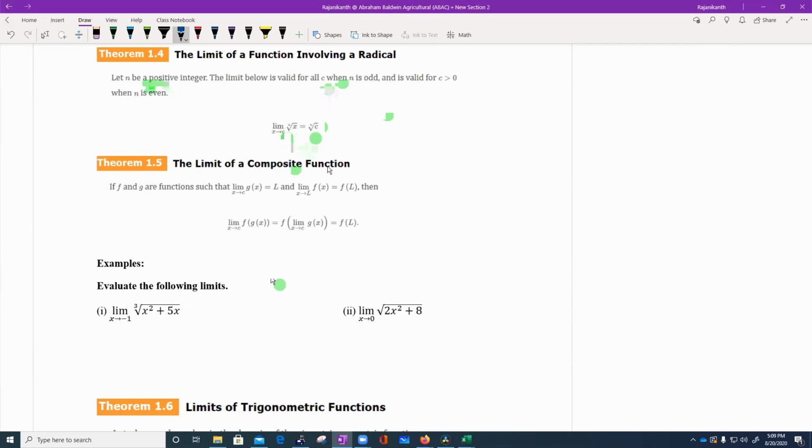Simply follow this pattern. Let n be a positive integer. The limit below is valid for any c when n is odd, and it is valid for c bigger than 0 when n is even. So you have basically two different cases based on your c value.